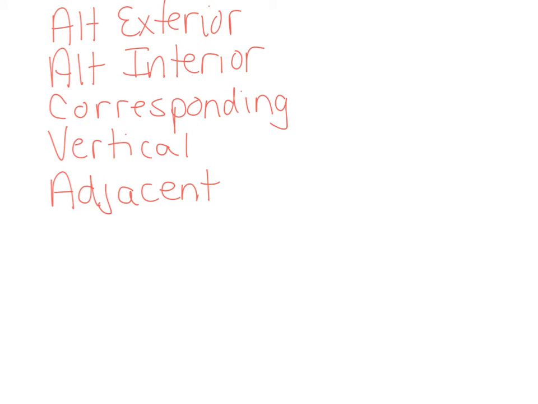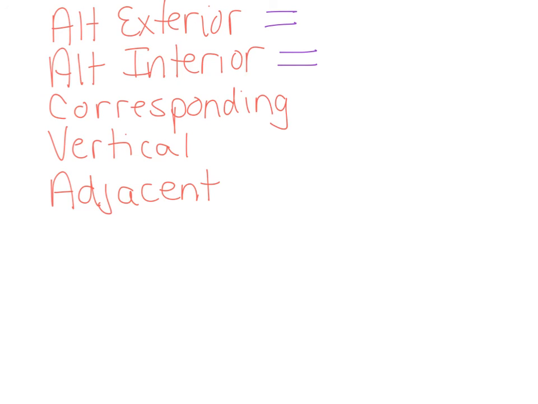In this lesson, we talked about several different sets of angles. We found out alternate exterior angles were angles on alternate sides of the transversal and outside of the parallel lines. What we found was that they were equal to each other. Alternate interior angles are also angles that are on alternate or opposite sides of the transversal, but this time they are inside the parallel lines, and they are equal to each other.